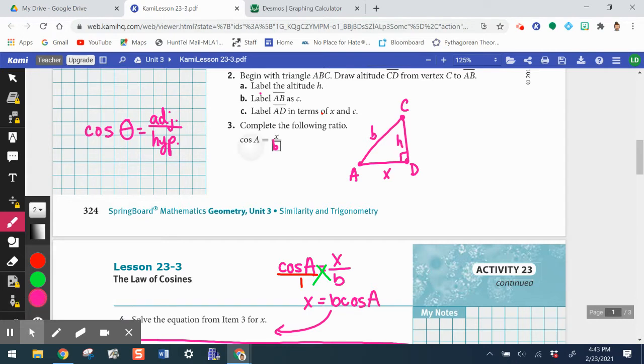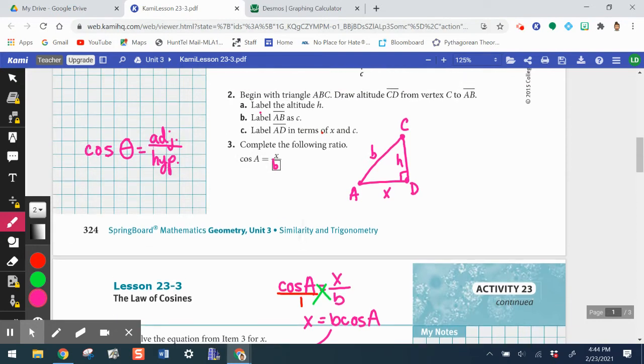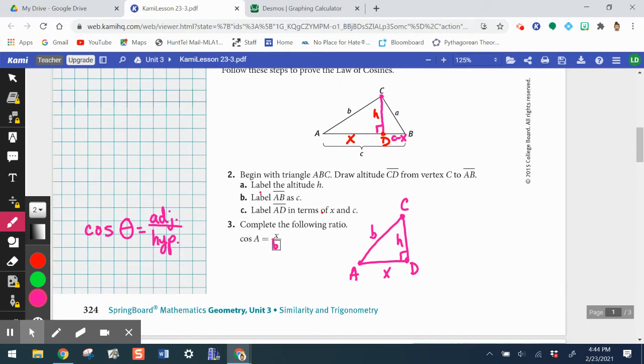Remember, the definition of cosine is, in any right triangle, the ratio of the length of the adjacent side of an acute angle to the hypotenuse of the triangle. So if we're looking at the cosine of A, all I did was take out this right triangle. That angle A is an angle part of this right triangle.